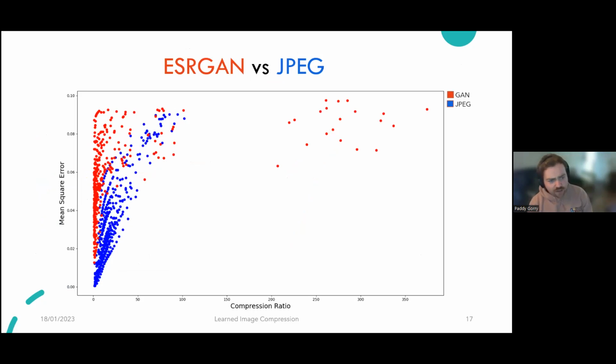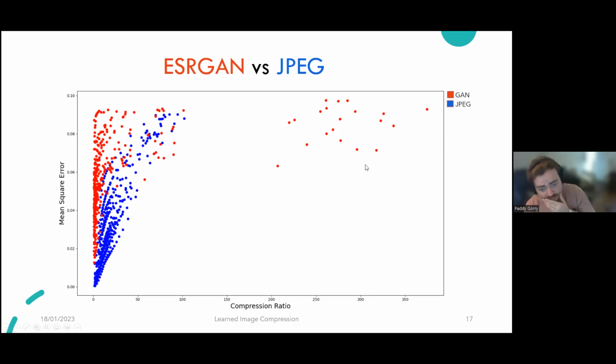And this is just to highlight, ignoring the different images, just looking at GAN versus JPEG, we can see that there are a lot of cases. Now, overall here on this left side region, where the general compression ratios you get with JPEG are, for the most part, JPEG is getting lower distortions. But the further we get up in terms of compression ratio, we can see that there are cases here where the ESRGAN is actually getting lower distortions compared to JPEG.